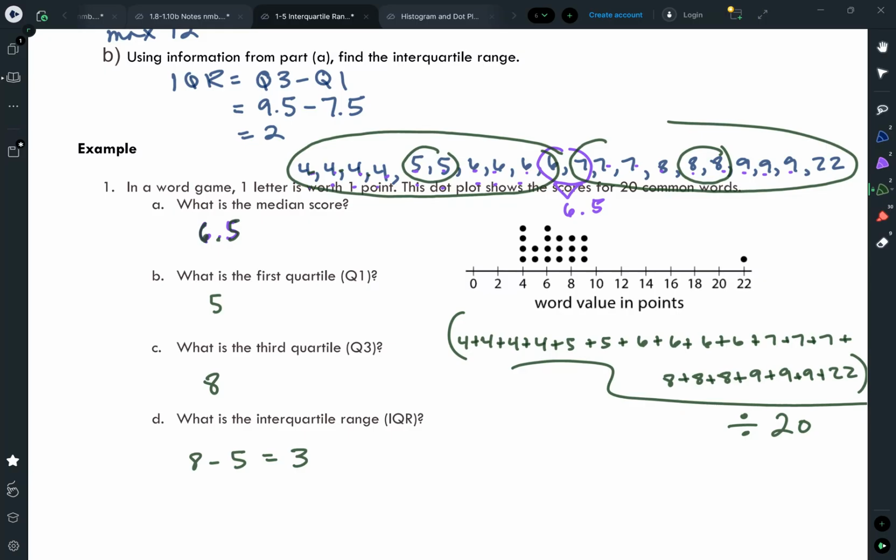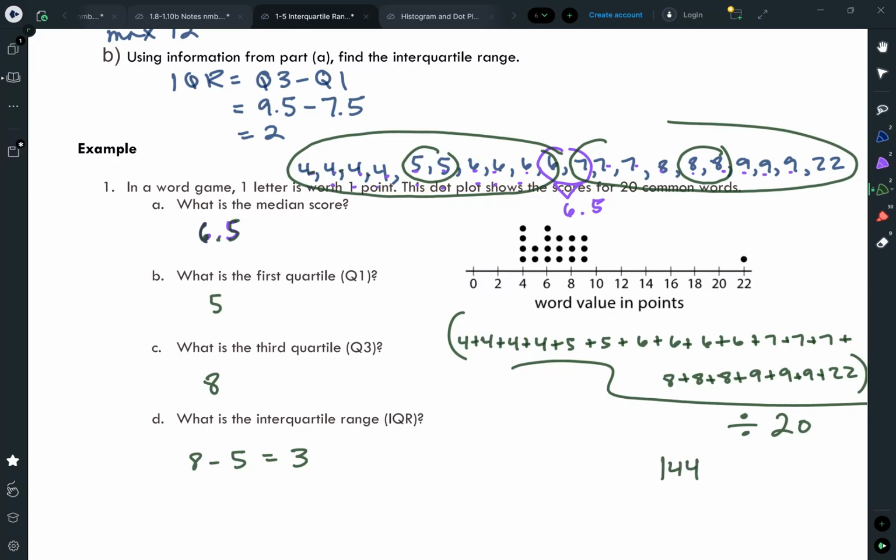So let's see, I'm grabbing my calculator here. 4 times 4 plus 2 times 5 plus 4 times 6, 3 times 7, all right, I got 144 when I added them all together.